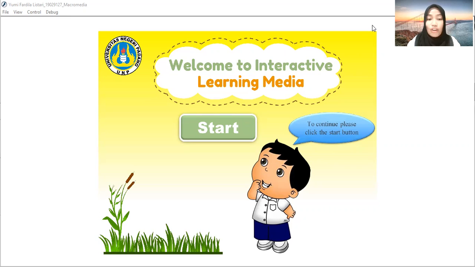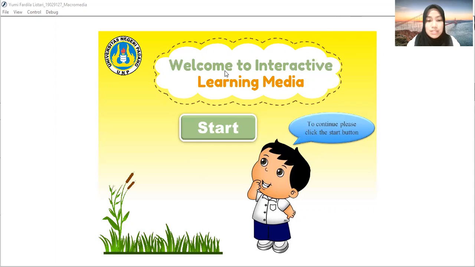Okay, the strengths of my product in Macromedia Flash. My product has several advantages. First, the main menu of this media has a simple appearance so that students are not confused in using this media. Second, this media has a clear identity, like the profile of the developer and explicit goals after using this media.